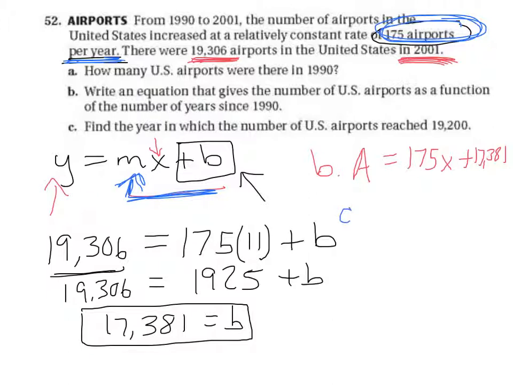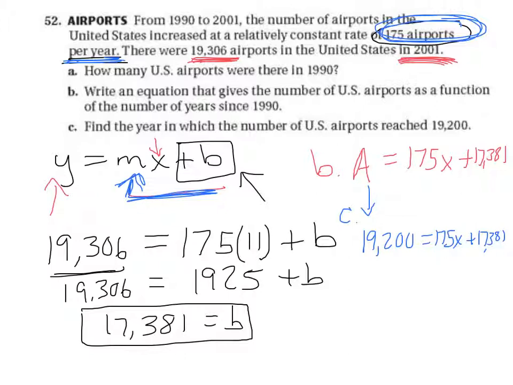Lastly, we've got C, and we're going to find the year in which the number of airports will reach, or did reach, 19,200. Well, the number of airports is given by A, so if we want that number to be 19,200, we can say that's equal to the same rate of change multiplying the number of years since 1990, plus 17,381.